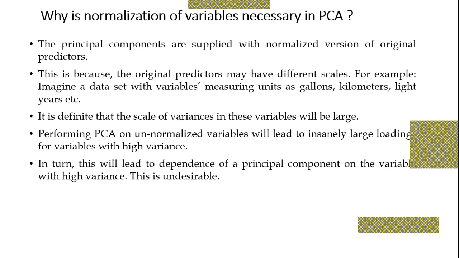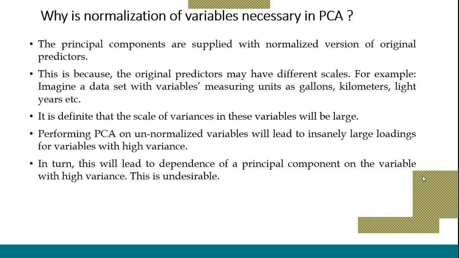The principal components are supplied with a normalized version of the original predictors. This is because the original predictors may have different scales. For example, imagine a data set with variables measured in units such as gallons, kilometers, light years, etc. It is evident that the scale of variance in such a variable will be large, and performing PCA on unnormalized variables will lead to an intensely large loading for variables with high variance.